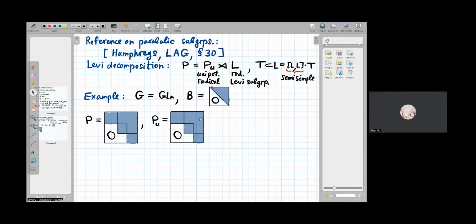The diagonal blocks should be identity matrices. So we have an identity matrix here, here, and here. And we may have anything above the block diagonal. So this part is arbitrary.